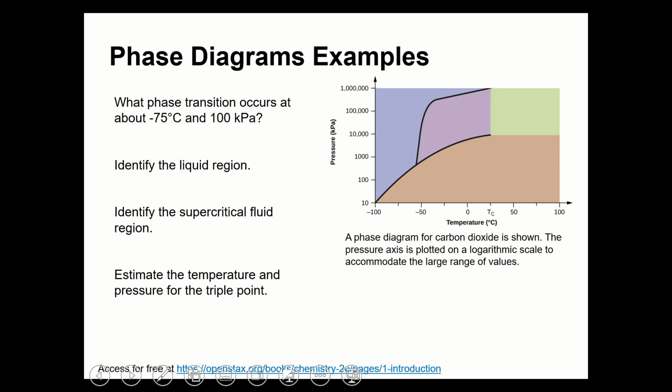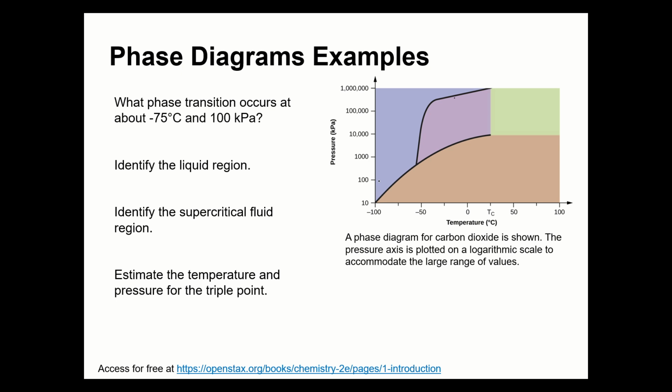So let's try to answer a few questions about phase diagrams. What phase transition occurs at about -75 degrees Celsius and 100 kilopascal? Remember, 100 kilopascal is going to be pretty close to the normal pressure. Normal pressure is 1 atmosphere.